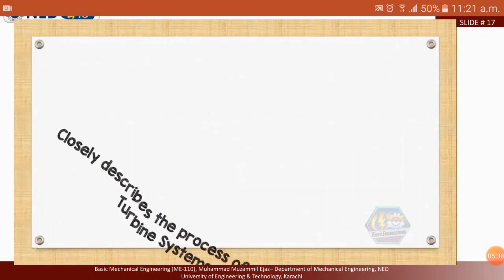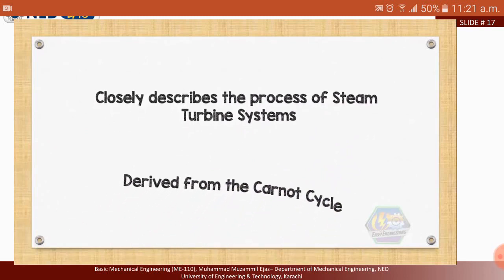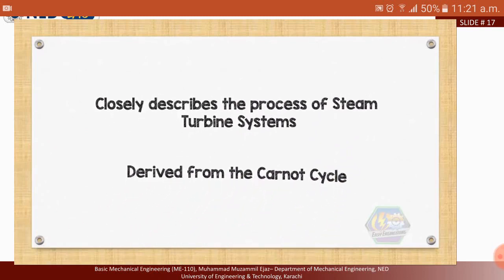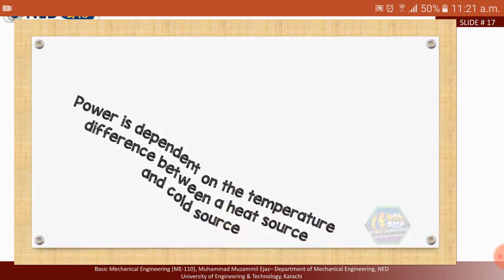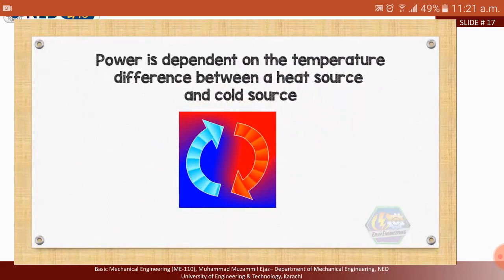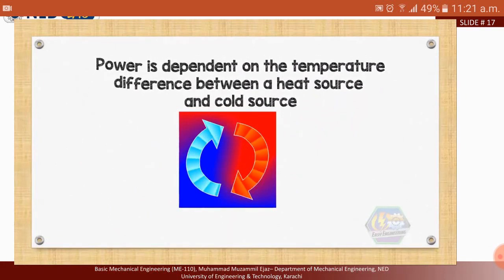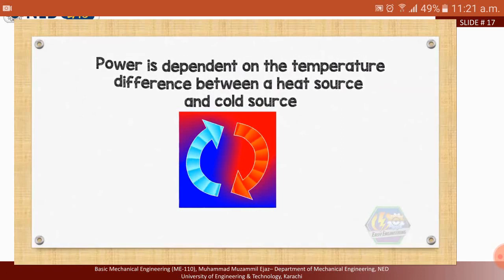One of the best definitions for this cycle is that it closely describes the process of steam turbine systems and is derived from the Carnot cycle, the most efficient thermodynamic cycle, which tells us that power is dependent on the temperature difference between a heat source and a cold source. The higher the difference, the more mechanical power can be efficiently extracted out of heat energy.